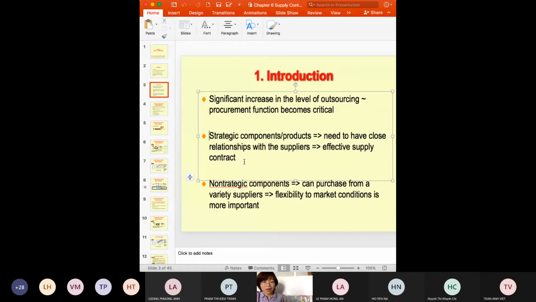So we can contact them to deliver the products or material for you. It's different from the strategic component. Okay, so in today's lesson we go one by one. Let's first go with the strategic component.